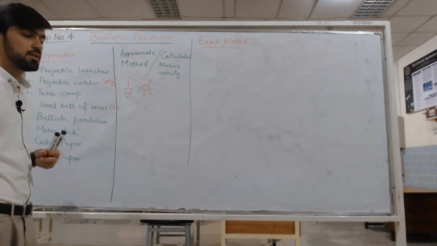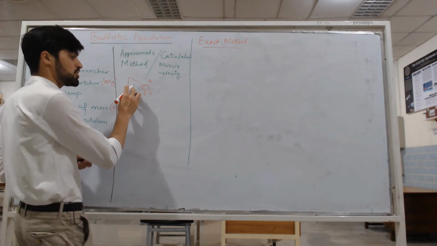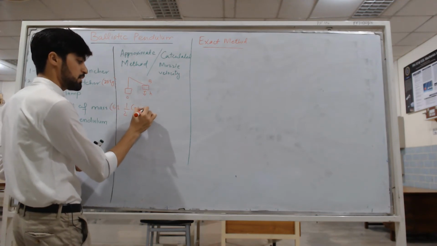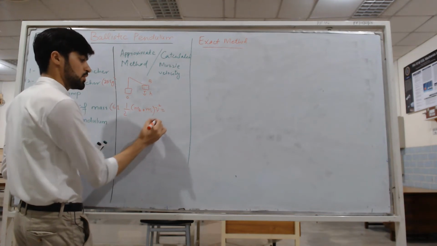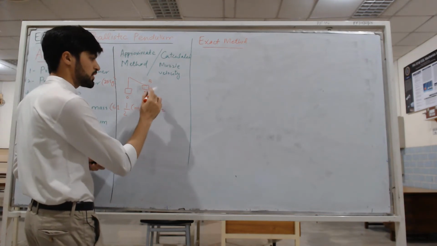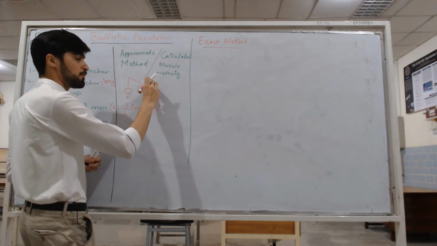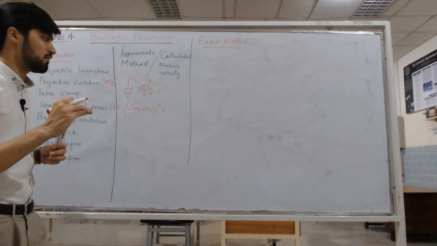When the catcher moves with the ball, its kinetic energy is half (mb plus mc) v square, which is equal to its potential energy. When it moves here, it covers h, and at point B it will be at rest for a while.